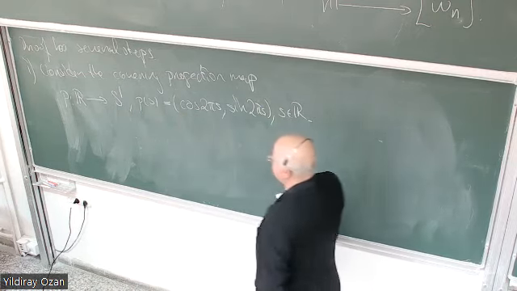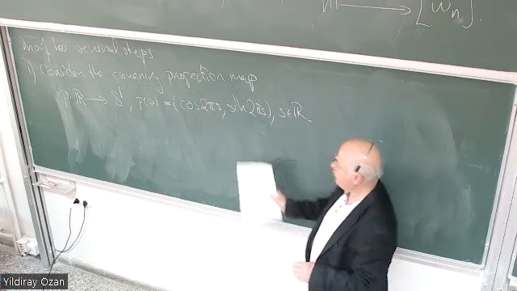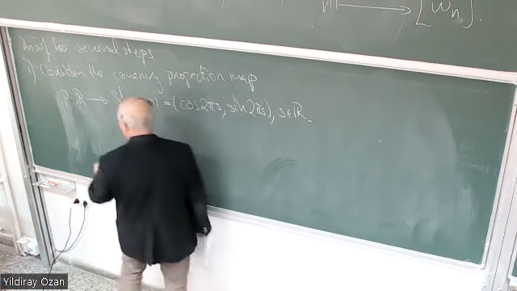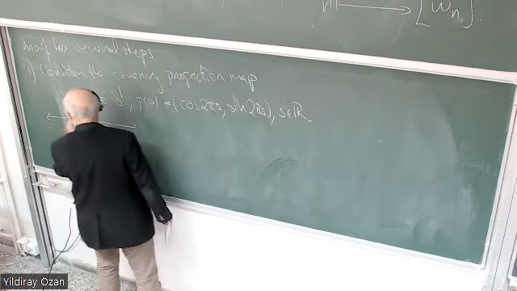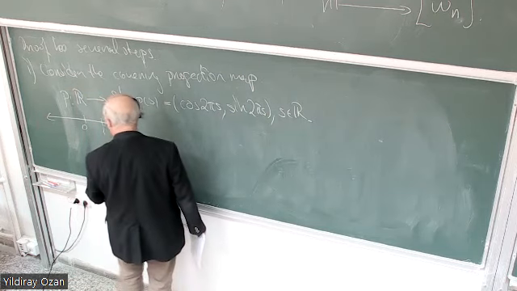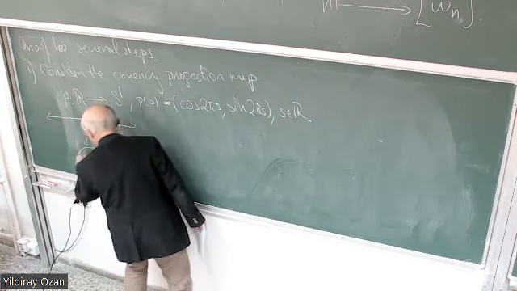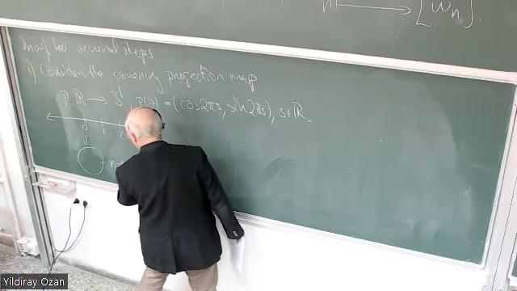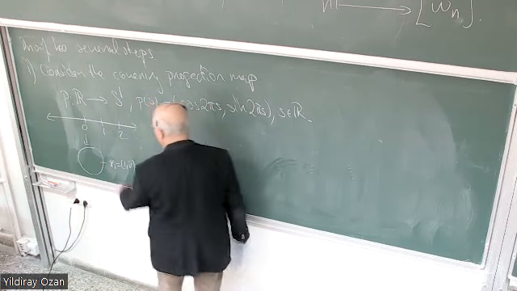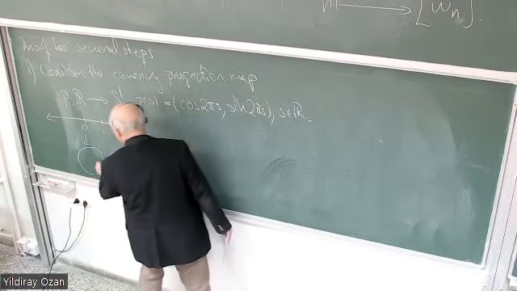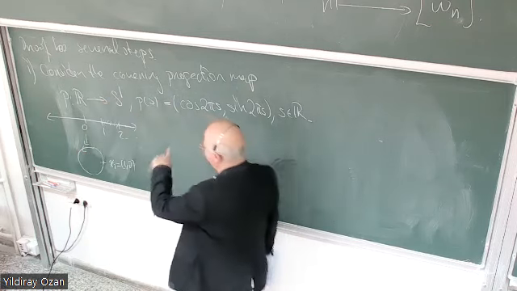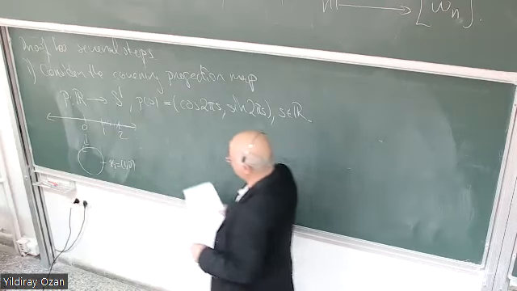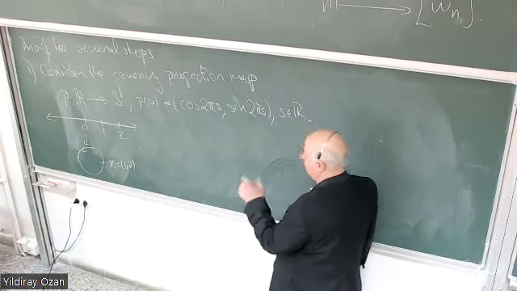So what does this do? This sends every interval of length 1 to the circle, right? So it's like this, 0, 1, 2, and so on. And this thing is just mapped to the circle. And every interval of length 1 is just mapped to the circle, and it goes around the circle once counterclockwise, every interval of length 1.